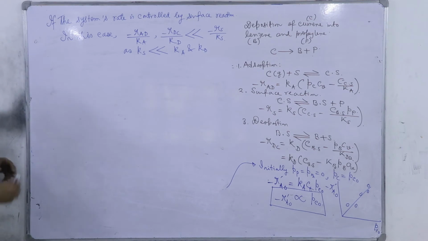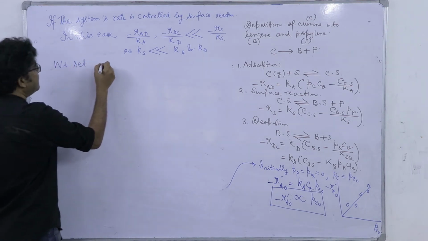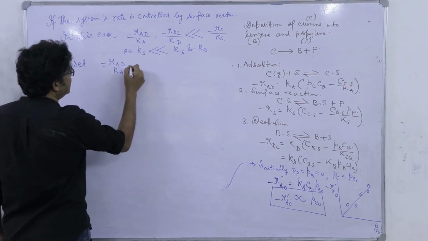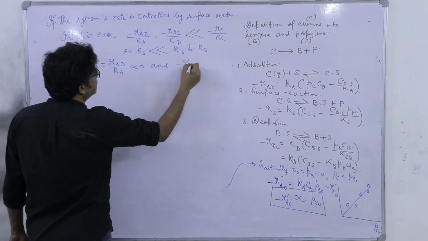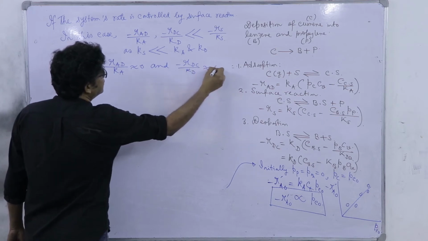So, in this situation we set minus of RAD by Ka equal to 0 and minus of RDC by Kd also equal to 0.